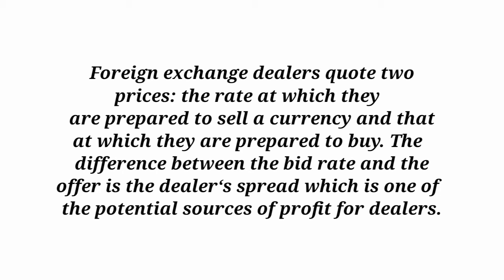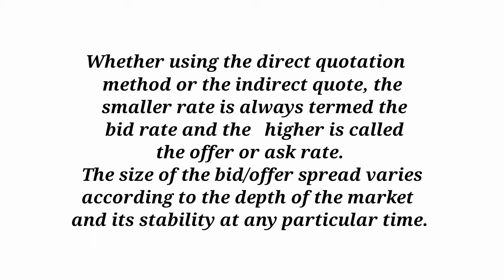The difference between the bid rate and the offer rate is the dealer spread, which is one of the potential sources of profit for dealers. Whether using the direct quotation method or the indirect quote, the smaller rate is always termed the bid rate and the higher is called the offer or ask rate.